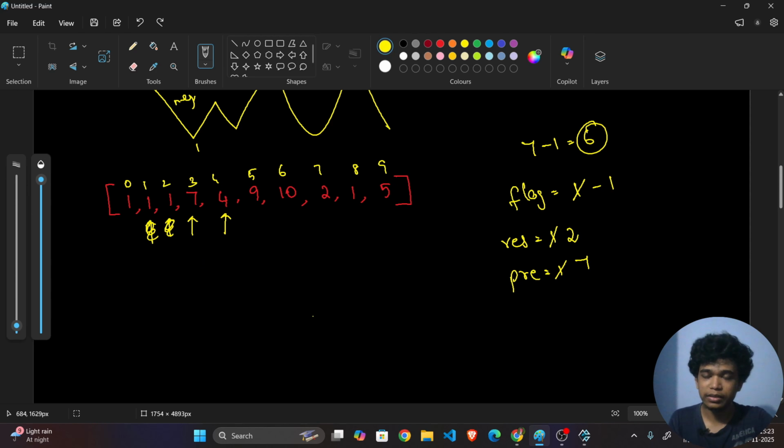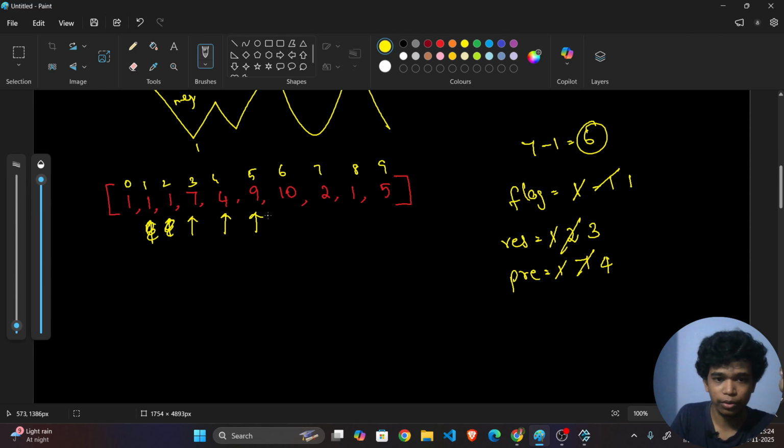Now hope you understand how I transformed the graph into logic. Yes, down curve. So now I can tell you that it is a valid subsequence. So increase my result to 3 and make my previous 4 because 4 is taken as part of my subsequence. Make the flag back to 1 because after this we want an increasing curve.